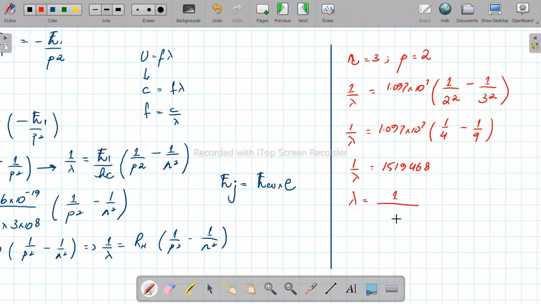Wavelength becomes 1 over this value right here, 1519468, and this gives you 6.58 exponent minus 7 meters. In other words, 658 nanometers. And we know this 658 lies in the visible region, because the visible region expands from 400 nanometers to 700 nanometers, right?